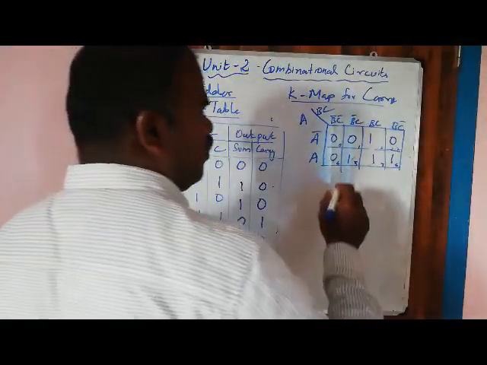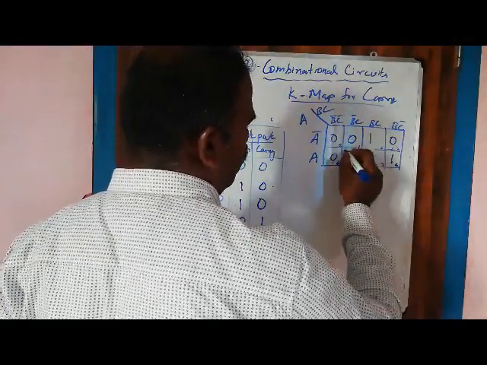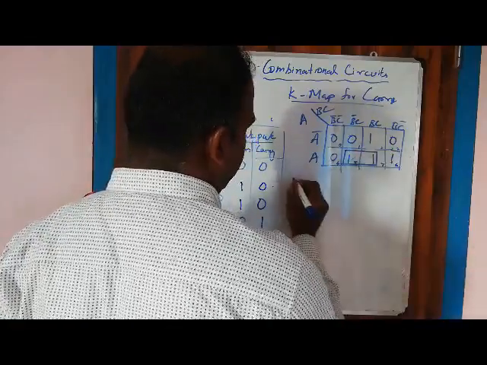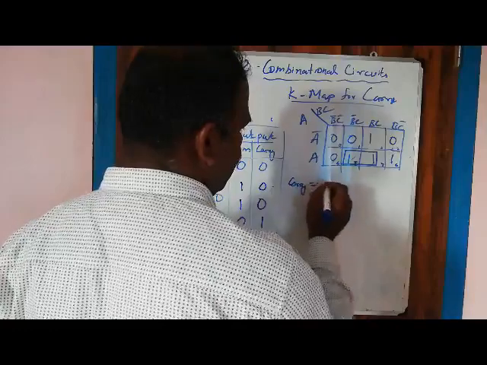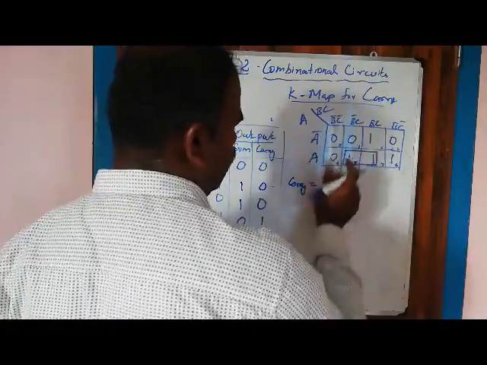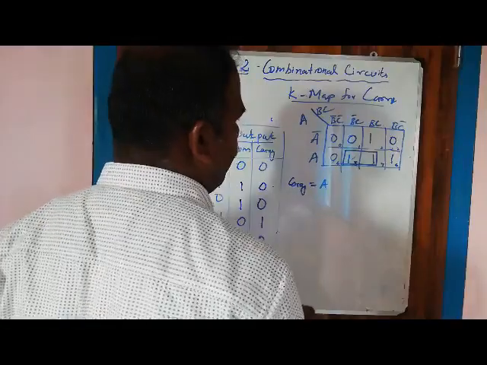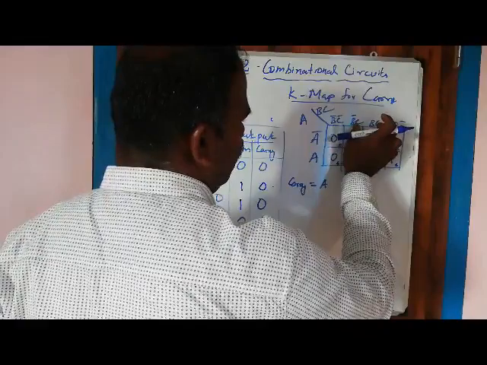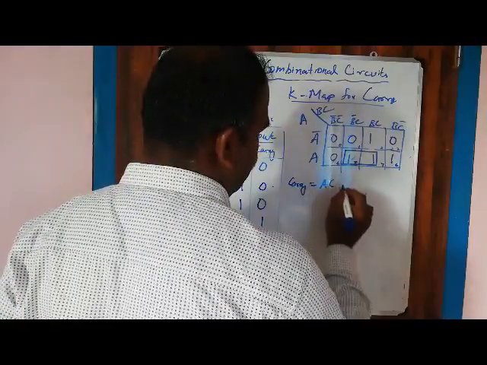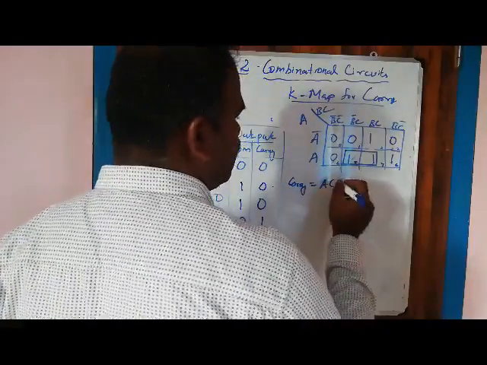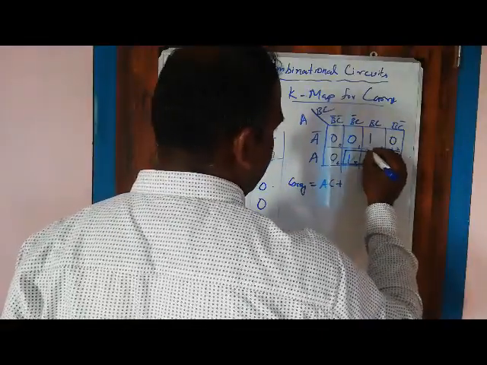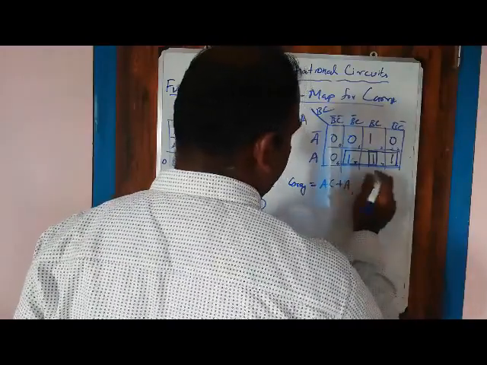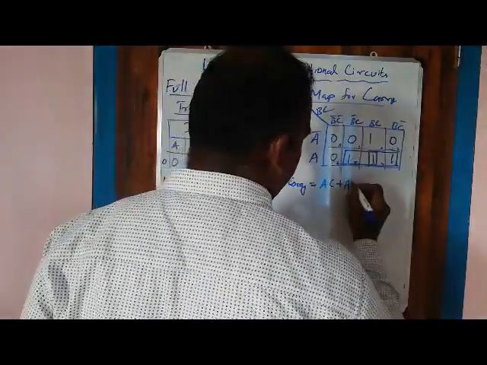Okay, a 4-1 group is not possible, then go to 2-1 grouping. First we can take like this. So this is carry, we have to write the carry equation. What is the equation? That is A, and for the corresponding column we compare the variables. Common is C variable, we put C here. Next we can group like this. For this row, A variable, comparing the two columns, B variable.